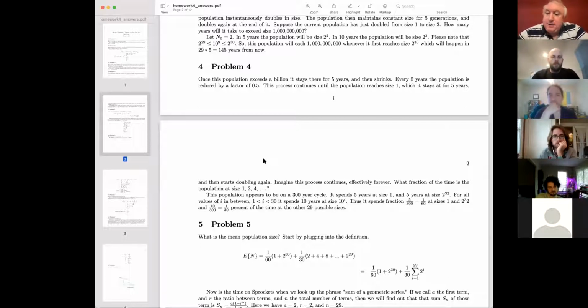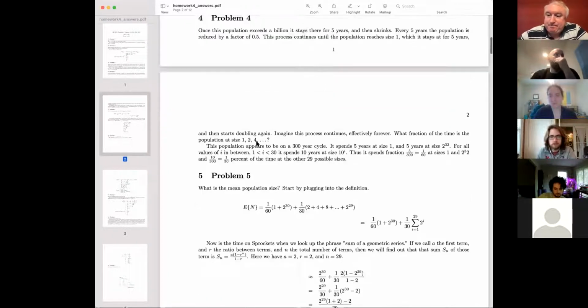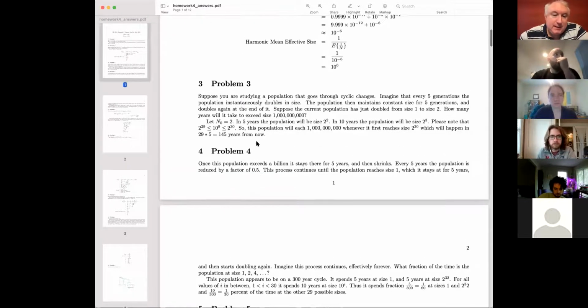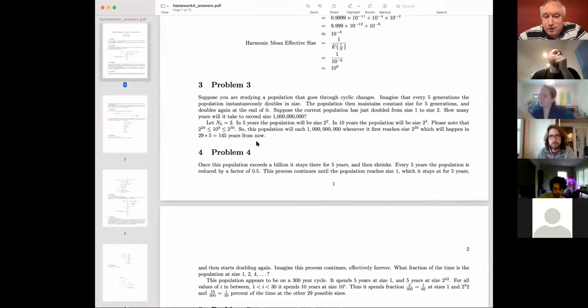And harmonic means are very close to the smallest value ever obtained. So if all populations at one point or another had the same minimum, they would all have the same heterozygosity. That's going to be a deep molecular evolution argument that we're going to get to by doing little cycling problems and estimating harmonic means.